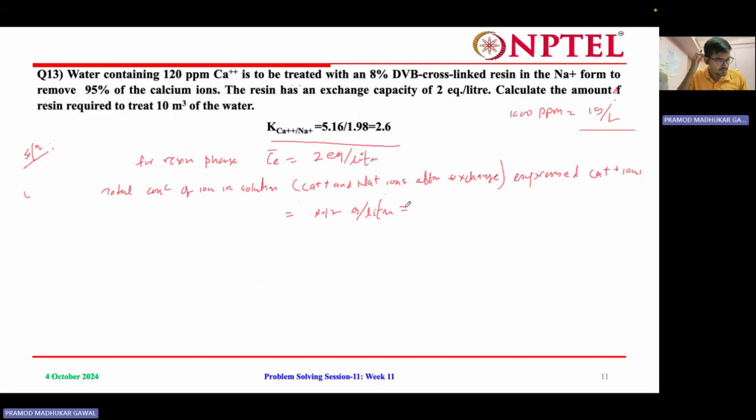Now we have to convert into gram equivalent. So the gram equivalent is weight divided by equivalent weight.